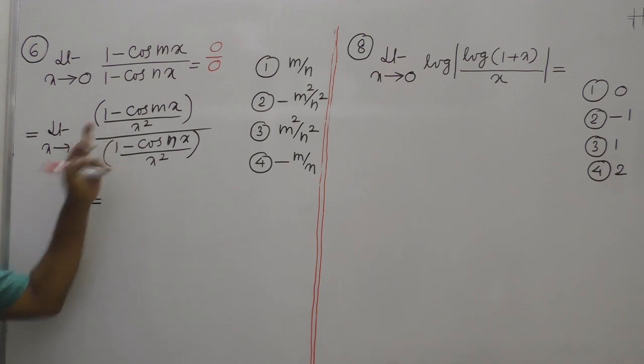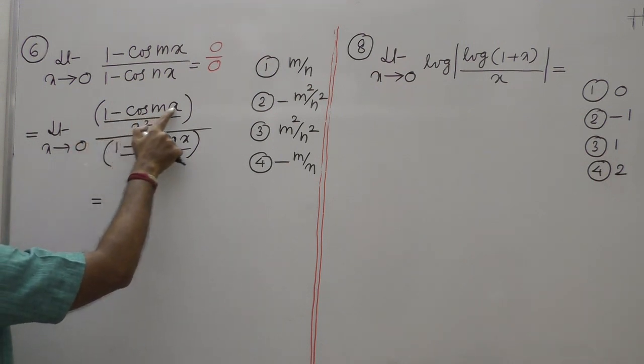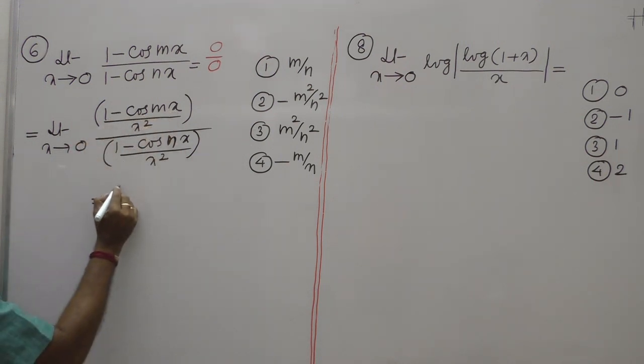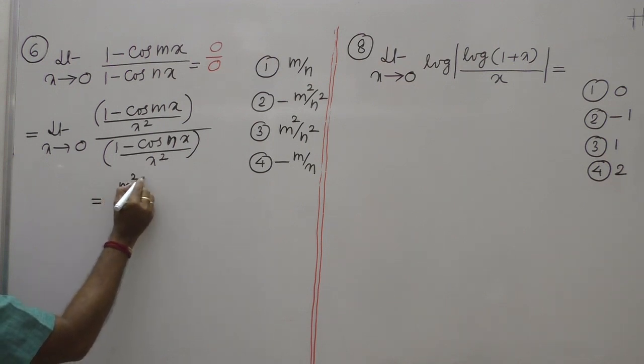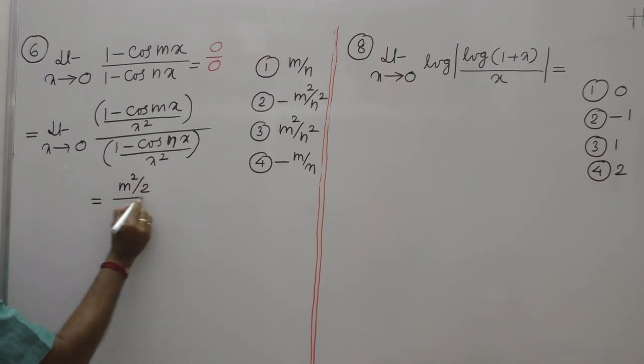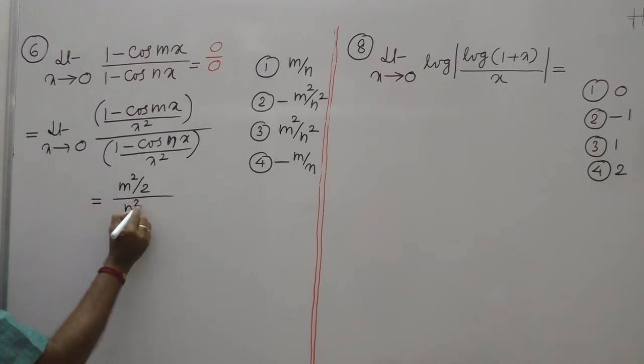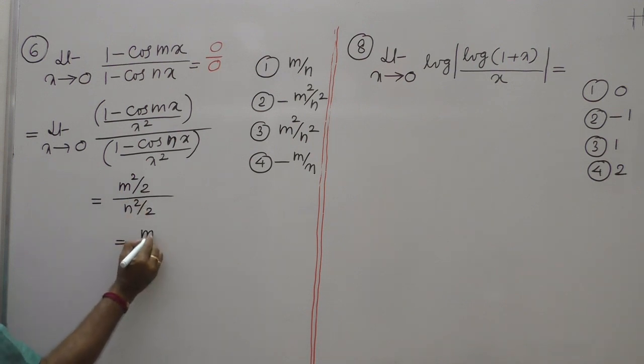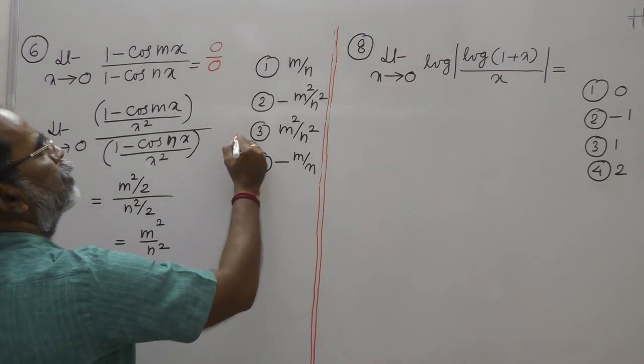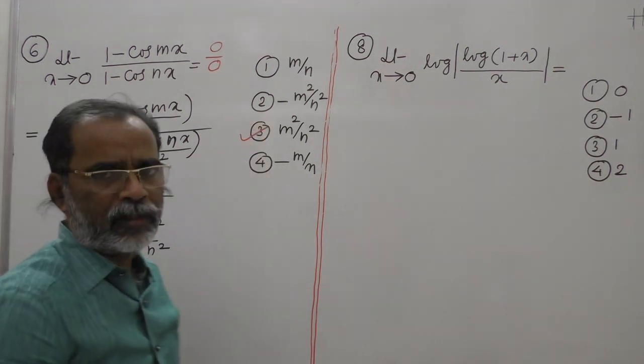What is the numerator? 1 minus cos ax by x square is a square by 2, that is m square by 2. What does the denominator give? It is n square by 2. I can cancel 2 and 2. Therefore, it is m square by n square. Therefore, the third option is the answer.